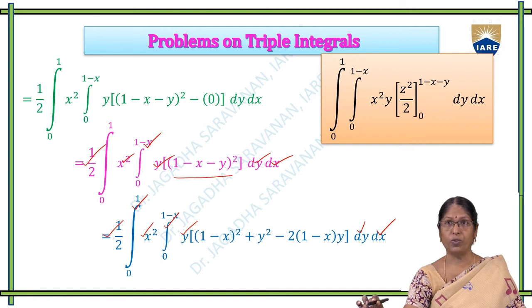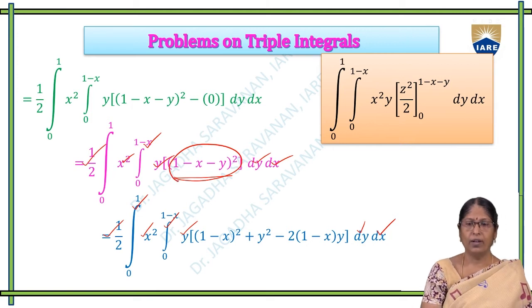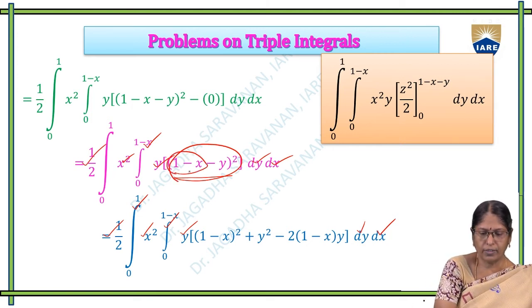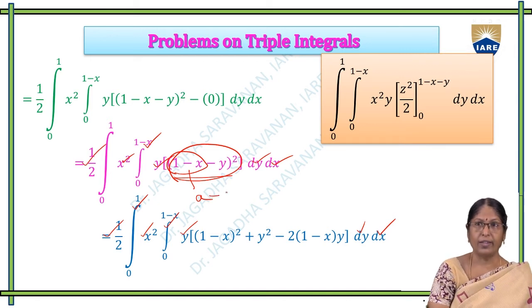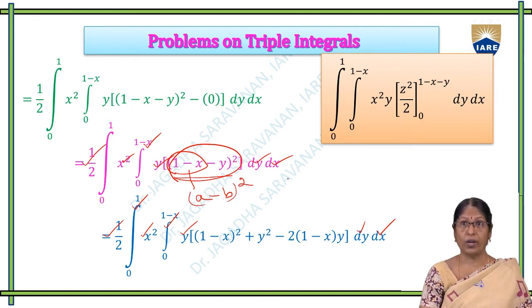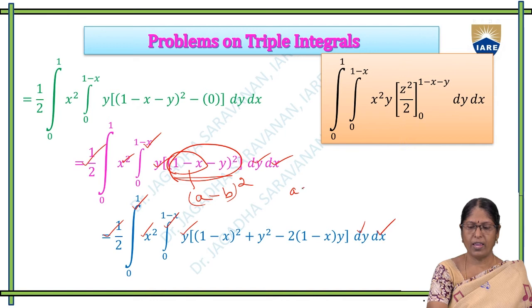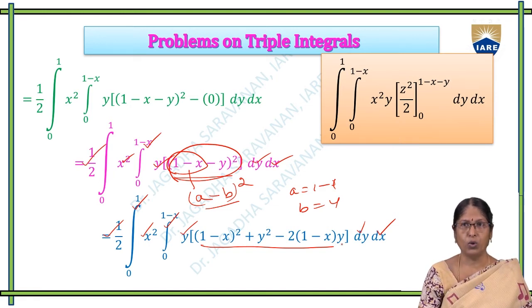Where we brought in changes is this place. Here this term we have taken as a, this minus is as it is, y we have taken as b, a minus b the whole square. Our a is 1 minus x, b is y. So we applied completely our a minus b the whole square.